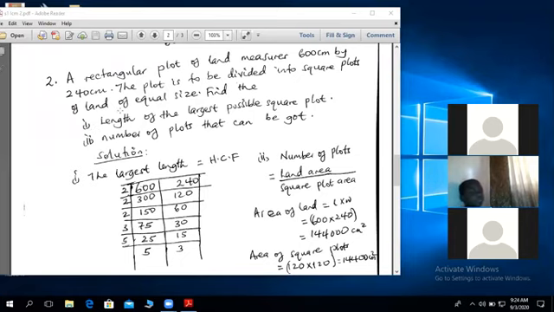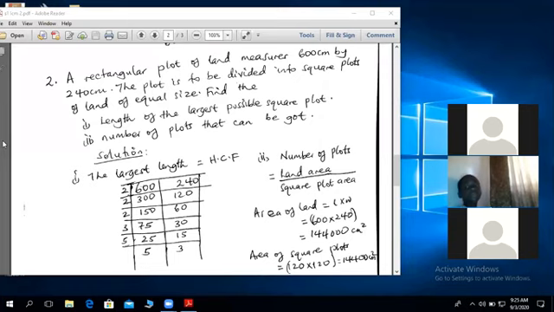what comes into your mind? I told you here, this word problem is all about LCM and highest common factor. Now LCM is lowest common multiple, but highest common factor is greatest.